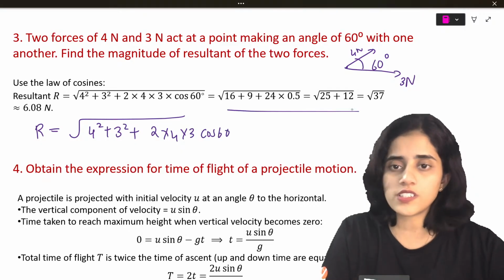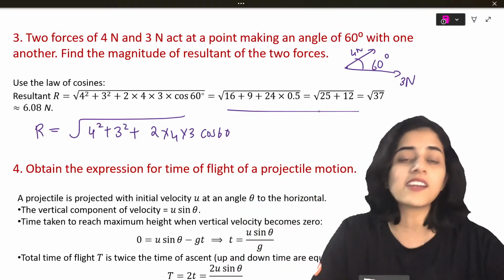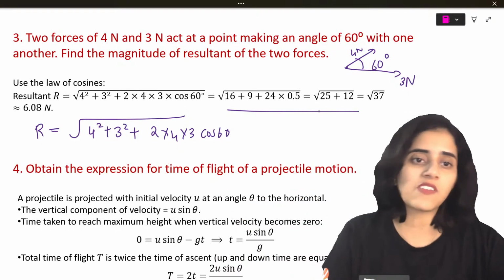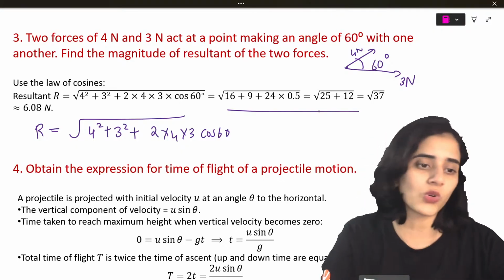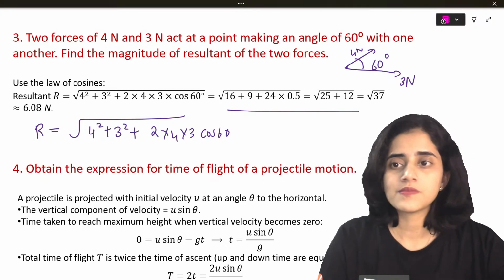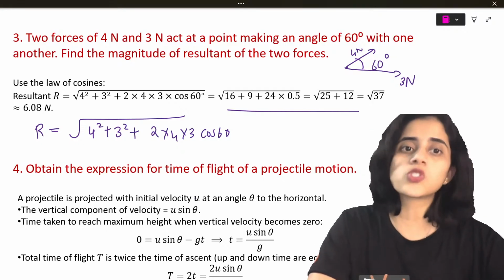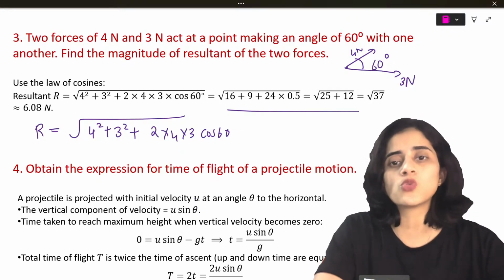I've already solved it here. 16 plus 9 plus 24 times 0.5, you will get square root of 37, which is approximately 6.08. So the formula is R is equal to square root of A square plus B square plus 2AB cos theta.